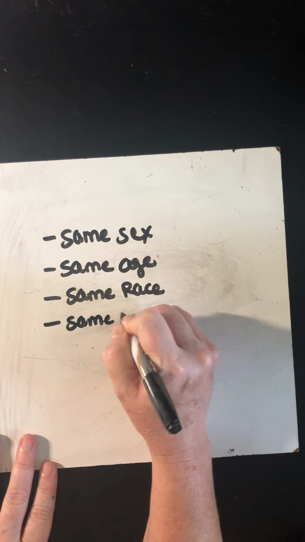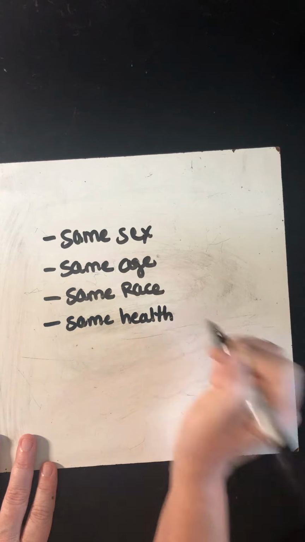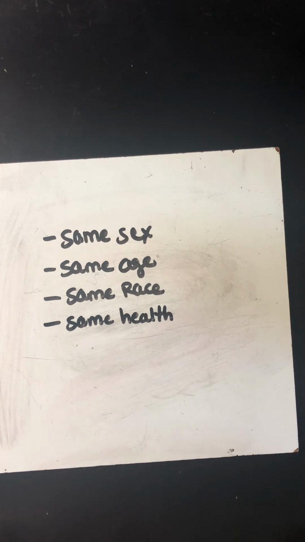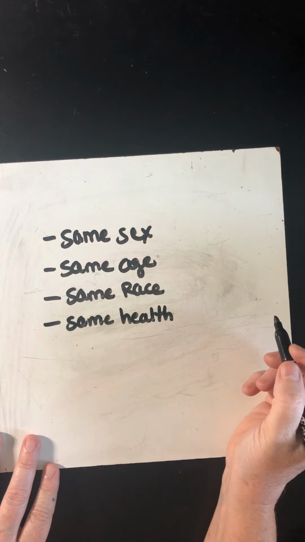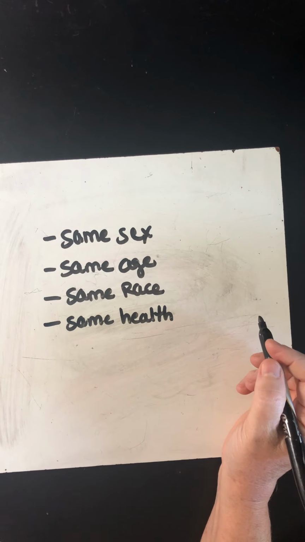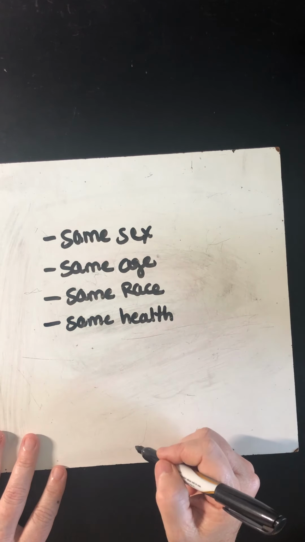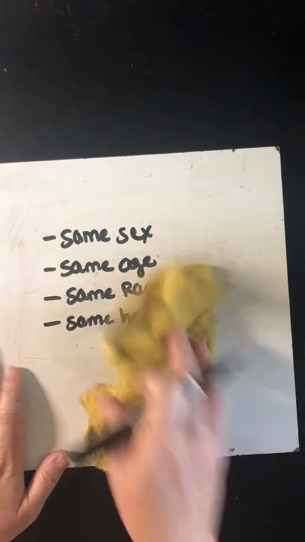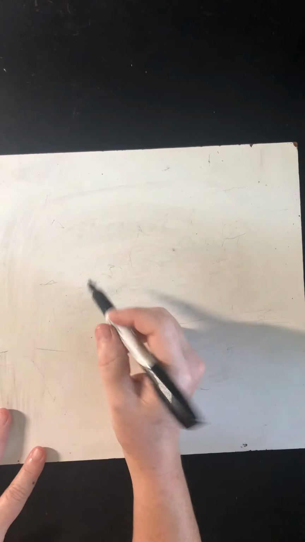If you're testing medicine, you want them to have maybe the same health. So if you're testing medicine for diabetes, you want them all to have diabetes. Sometimes they get them from the same part of the world. Sometimes they get people from all over. It just depends on how you want to set it up. But only one independent variable, keeping everything else the same as possible.